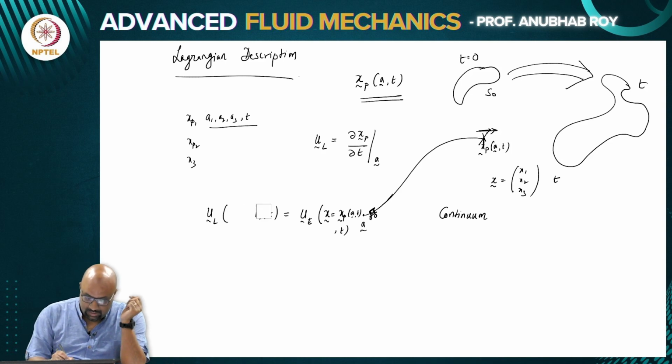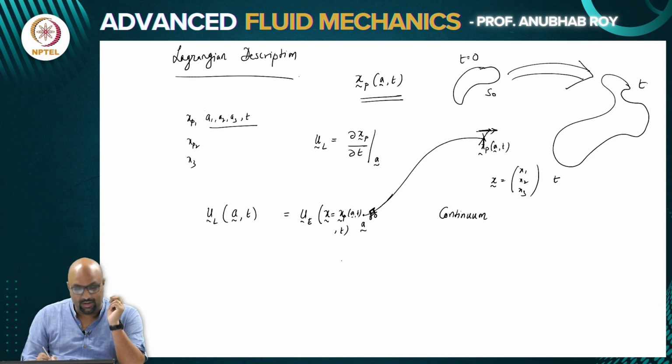So the Lagrangian velocity only says that if you were to start off from an initial location at a given instant of time, you would be occupying these various positions, and the velocity which you are measuring at a fixed location is where we now introduce a field idea, that is the Eulerian description.